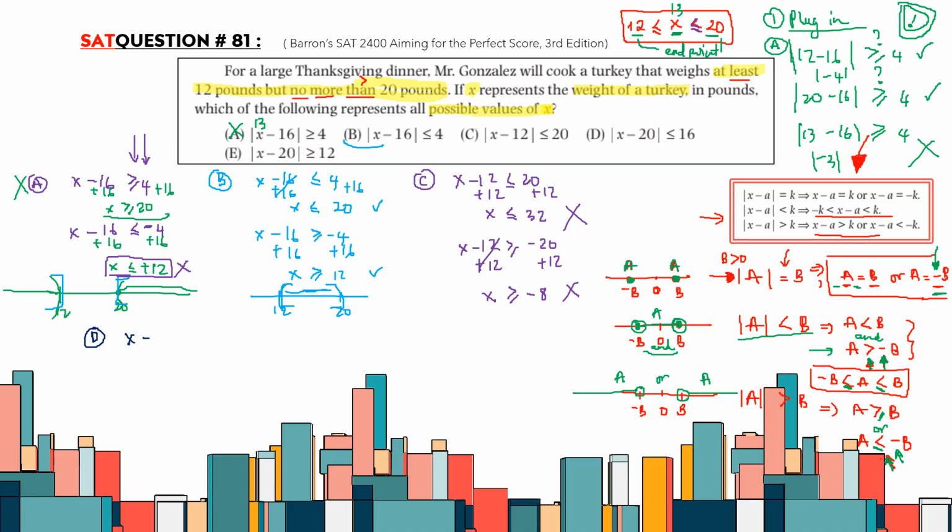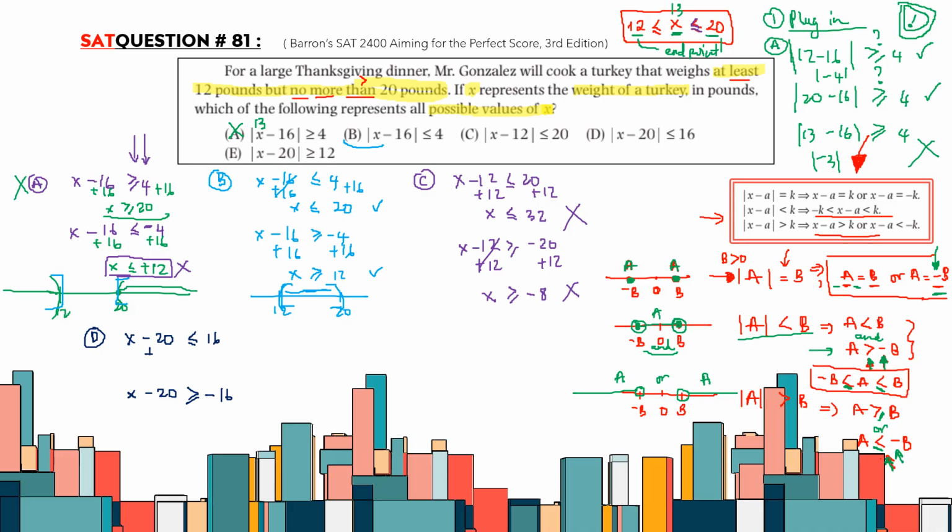We have x minus 20 less than or equal to 16. I just take off the absolute value, just rewrite it. Then the second one is x minus 20, now I change the inequality sign and make it the negative of 16. I want to solve for this so we can memorize the formula at the same time, in case we forgot.